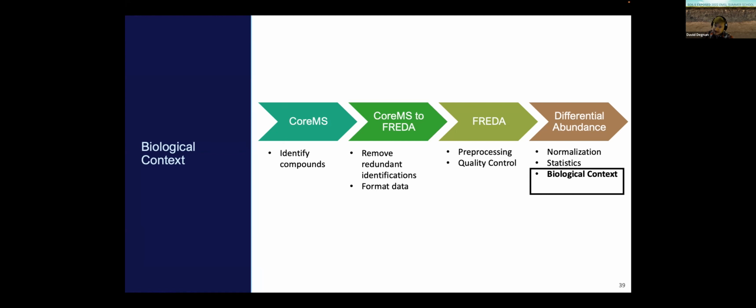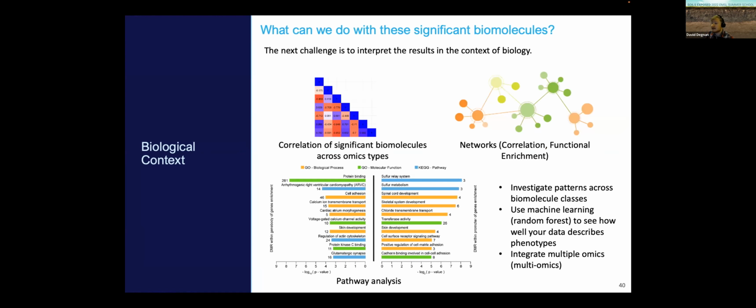But generally speaking, back to omics, there's lots you can do after you've got the specific peaks, or in our case, or generally for other multi-omics, these biomolecules of interest. There's lots you can do because you've separated out the actual biomolecules from the noise, the ones with real change.